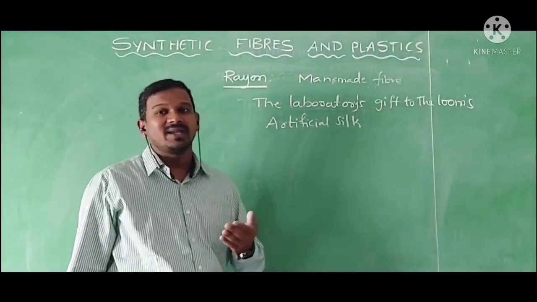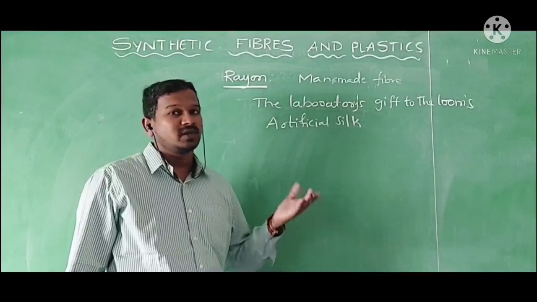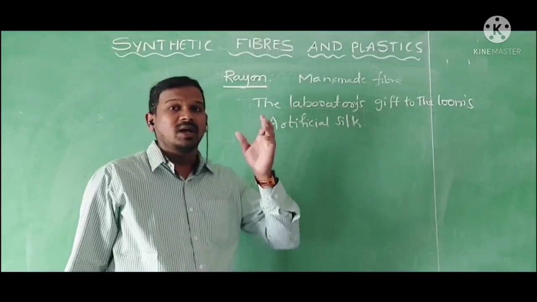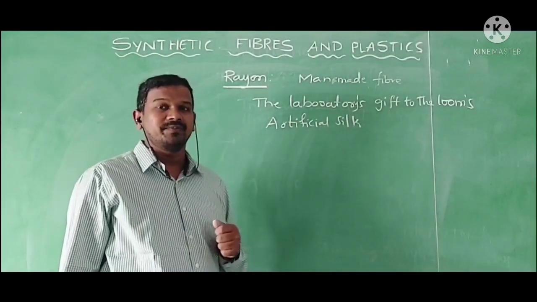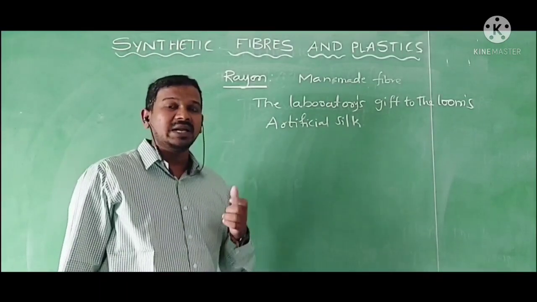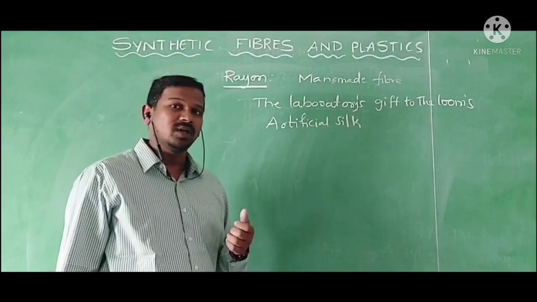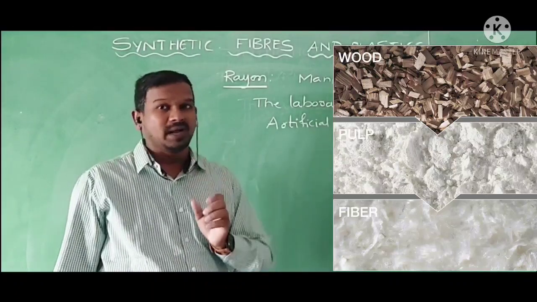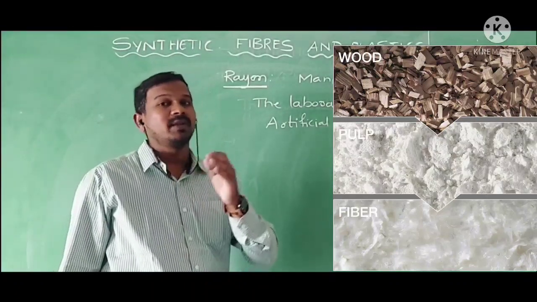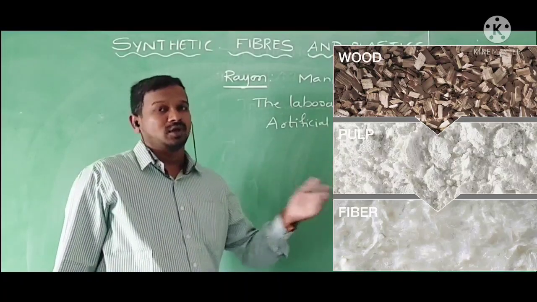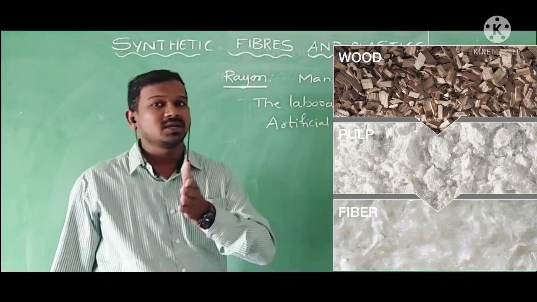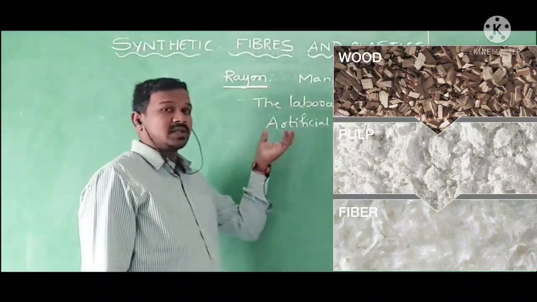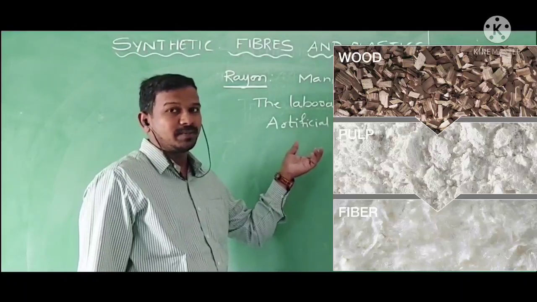For that reason, it took many years to invent an alternative to silk. At the end of the 19th century, they manufactured the alternative silk, which we can call artificial silk, from wood pulp. From the cellulose fiber of wood pulp, they manufactured rayon cloth.